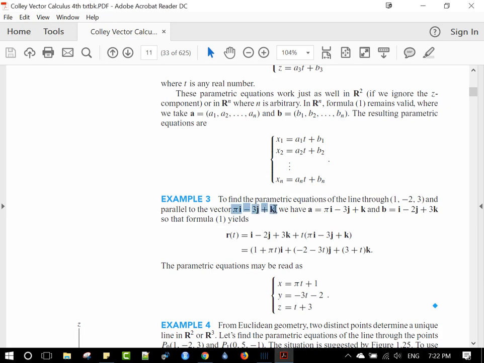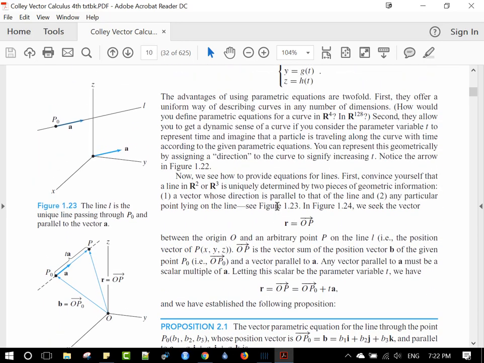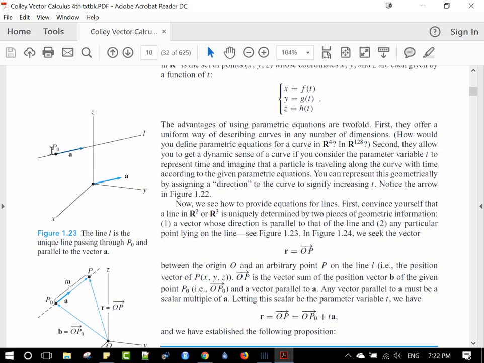So what does that mean? If we go back to a picture like this one, when we're talking about a line here, we can identify that line by giving a point that it goes through and also saying that it's parallel to some vector A. So if I tell you that the line is parallel to this, and I also tell you a point that goes through that line, then you know which line I'm talking about.